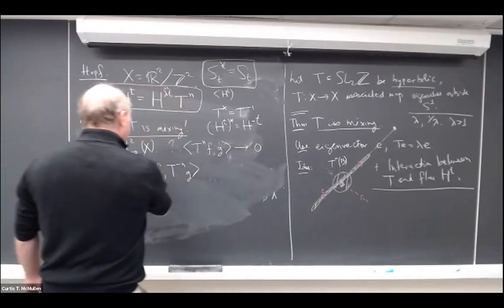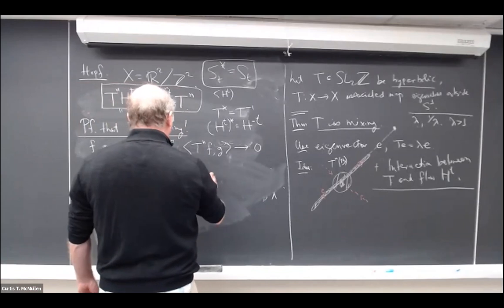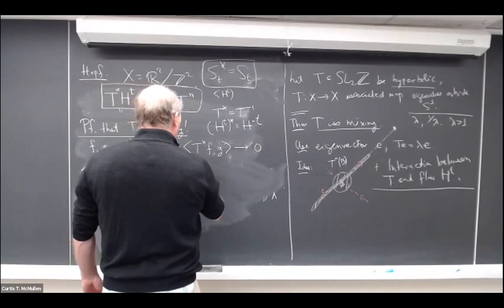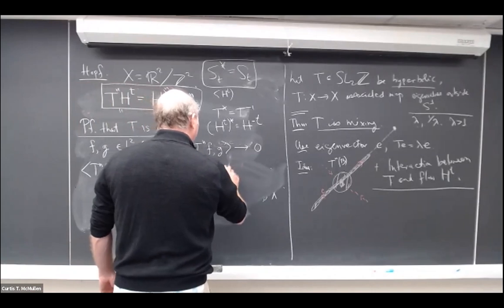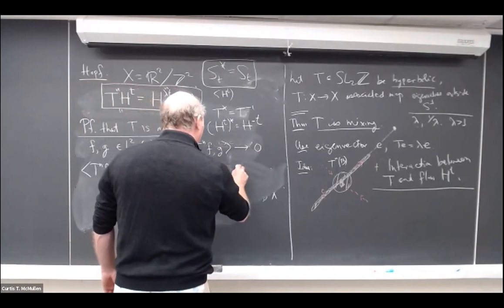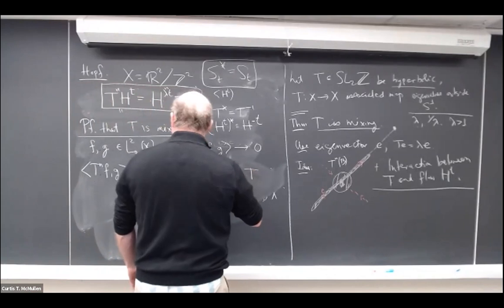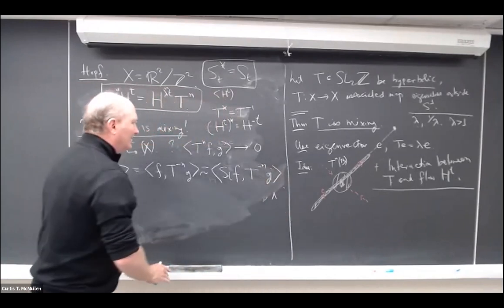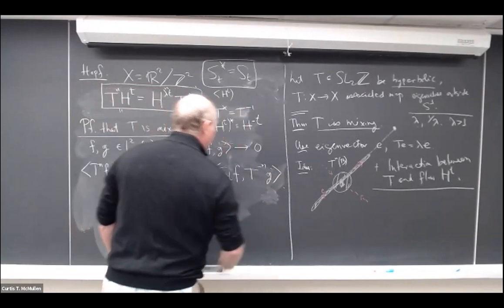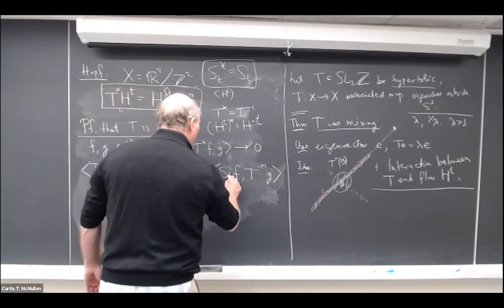So what I'm going to do, and this is the main idea in the proof, is I'm going to write this as approximately equal to S_t f with T to the minus n g, where t is very small.